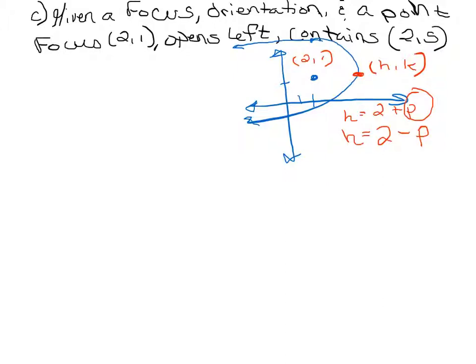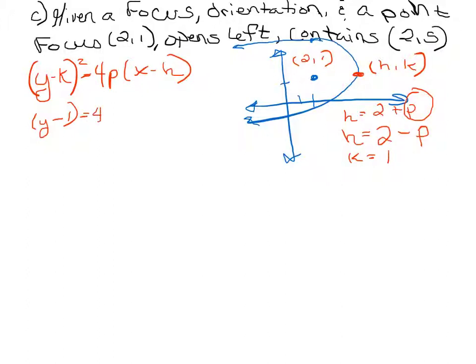But like I said, I also know my k is 1. I also know in terms of choosing an equation, because I'm opening left, it's my y that's going to be squared. So if I start plugging in what I know, I would have y minus my k, well, k is 1, squared.